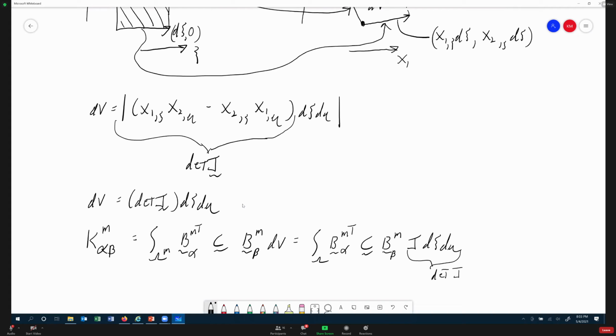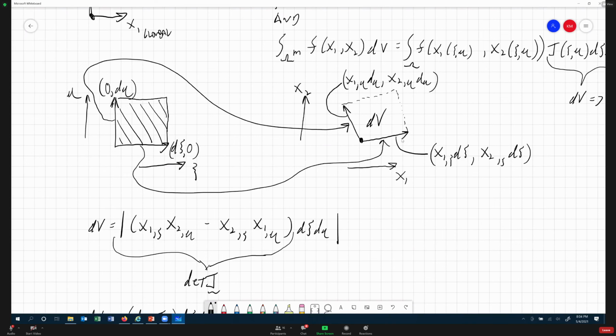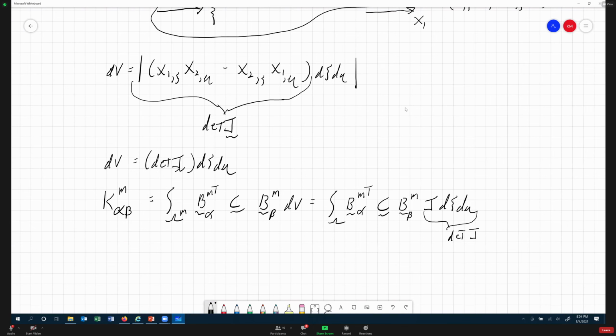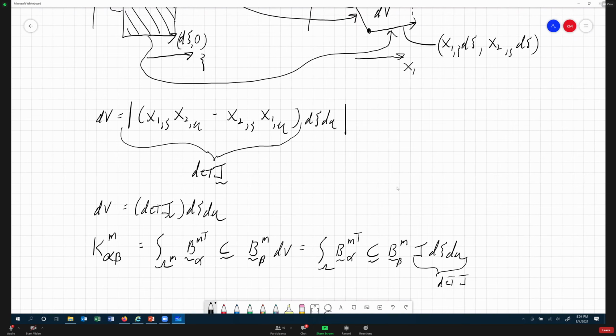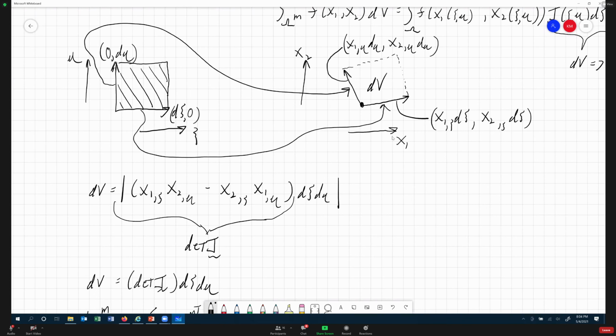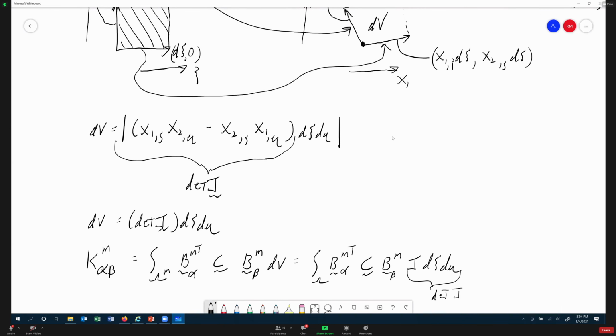That whole thing is, yeah, that's what it is. So the difference between, so J is just a scalar.